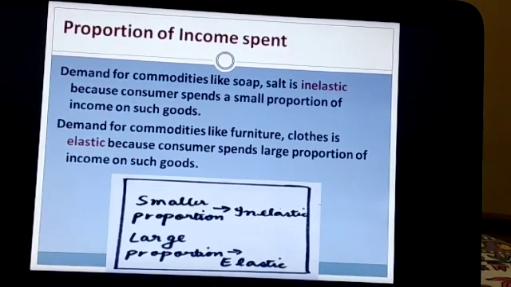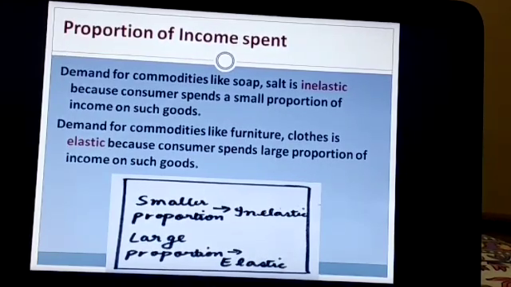In the case of commodities like furniture or clothes, the demand is elastic because consumers spend a large proportion of income. They wait for the price of clothes or furniture to fall, so that there will be a huge increase in demand.